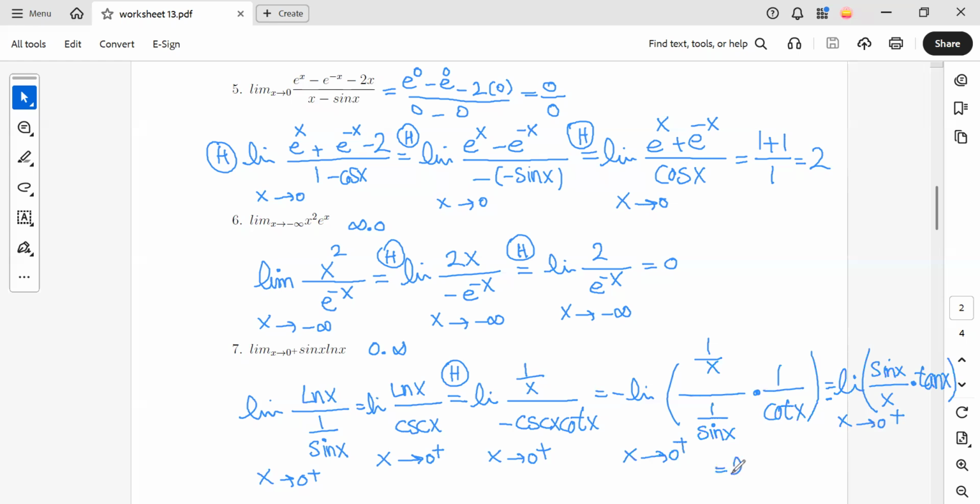And based on the limit laws, we can separate these two to write negative limit of sine of x over x times limit of tan x. And we know that the limit of sine of x over x when x is approaching 0 is 1, and the limit of tan when x is approaching 0 is 0. So altogether, the answer is 0.